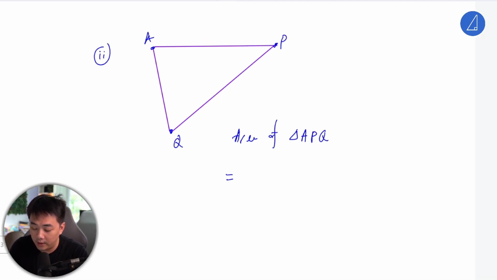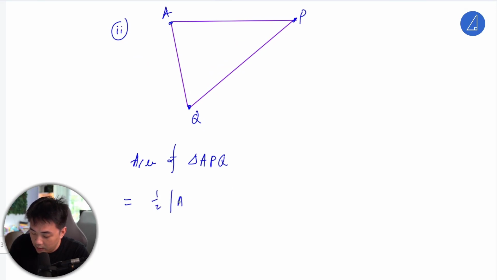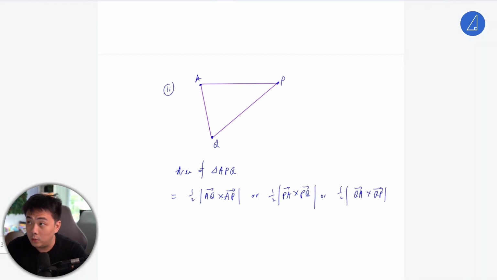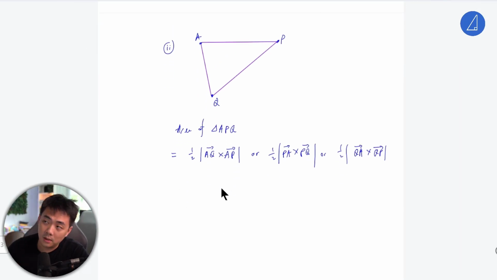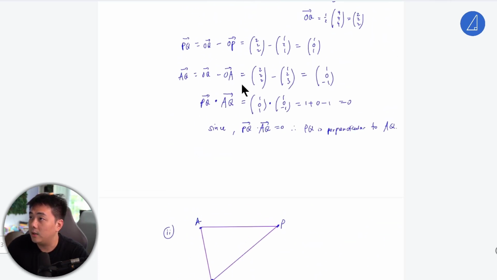Because we have the column vectors of each vector, we can just take half AQ cross AP, or half PA cross PQ, or half QA cross something, all of which give the same answer. It's just half ab sin C in disguise. This is just the cross product. I'm going to take AQ cross AP. I have my AQ, do I have my PQ?